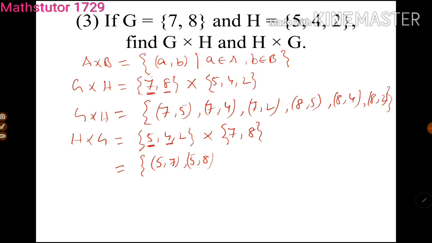Now fix the element 4 in the set H: (4, 7) and (4, 8). Now fix the element 2 in the set H and make the ordered pairs with the elements in G: (2, 7) and (2, 8). So this is the required set H cross G.